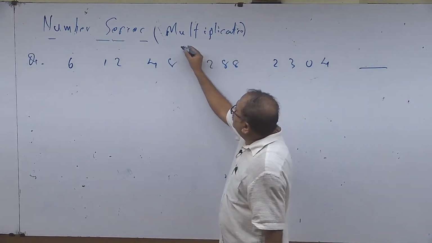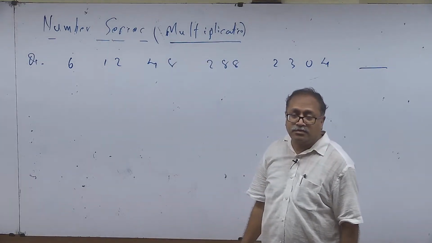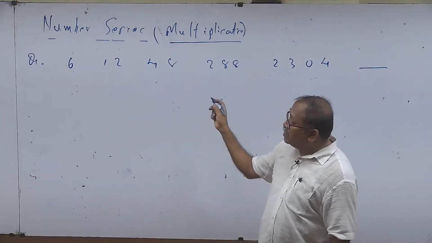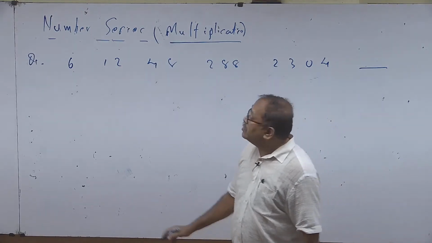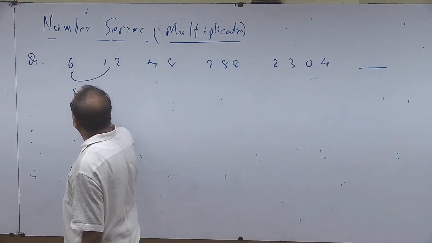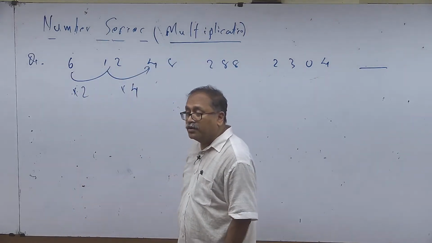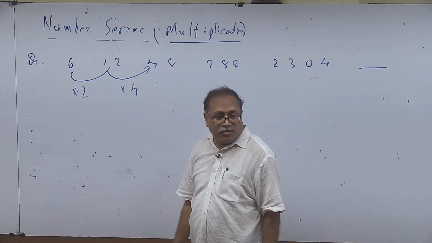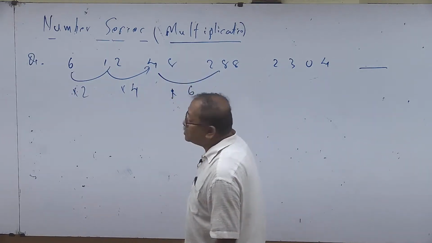And we know that we are dealing with the multiplication based. So what is it? 6 into 2 is 12. I know that. 6 into 2 is 12, and it is 12 into 4, 48. Right, Lohit? And then from here to here it is into 6.